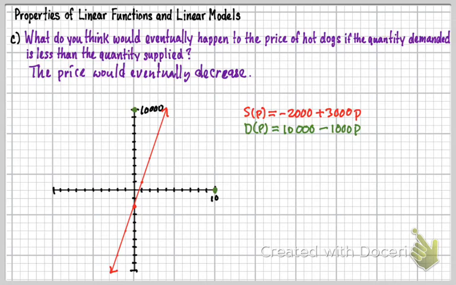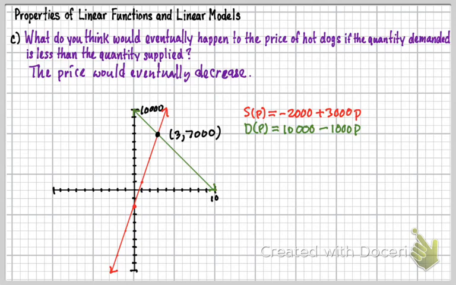Now I'm going to graph that line. Then my equilibrium point would be here, and that's what we call the equilibrium price and the equilibrium quantity, where those two lines, the supply and demand, actually meet. And that point is 7,000.